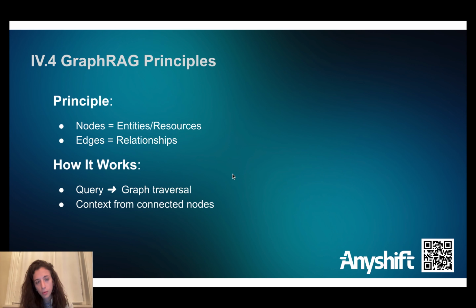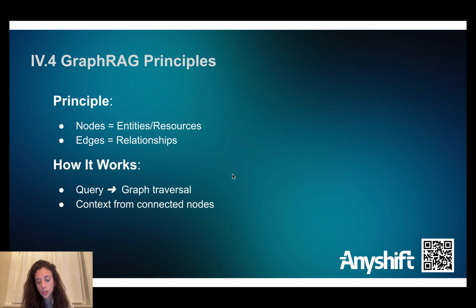The core principle of a graph RAG is first to create this graph, which is based on nodes, so resources, VPC, subnets, everything that lies in your infrastructure, and the edges, which are the relationships that tie those nodes together.